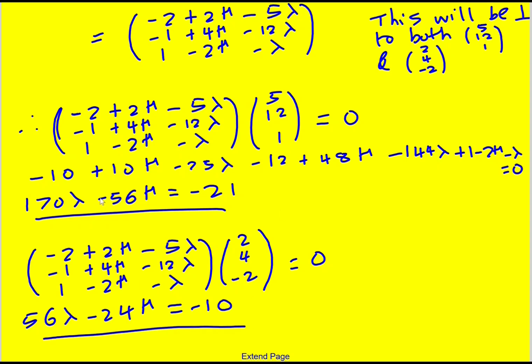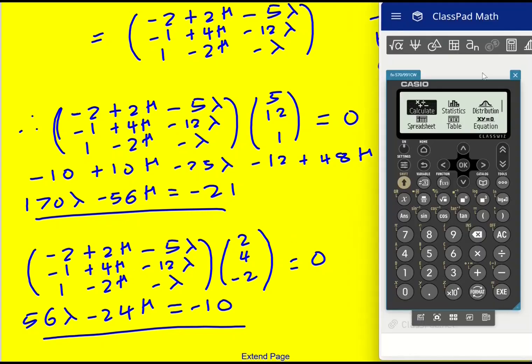These two simultaneous equations now. You do not try solving these in your typical GCSE way, trying to make the coefficients equal or even substitution. Just imagine, look how long that took. So let's just put it in our calculator. Equation, simultaneous equations, two unknowns, and type it in.